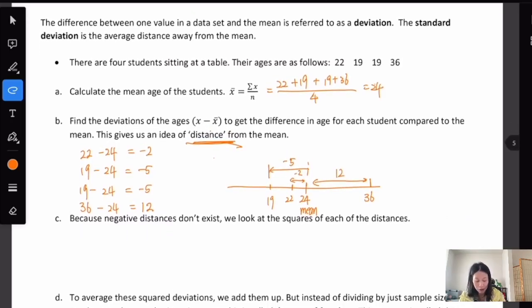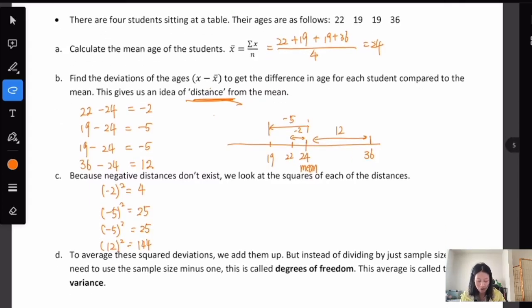Now, because a negative distance doesn't exist, we look at the square of each distance. So you want to square the distance. -2 squared gives you 4, -5 squared gives you 25, -5 squared we have 25, and 12 squared we have 144.